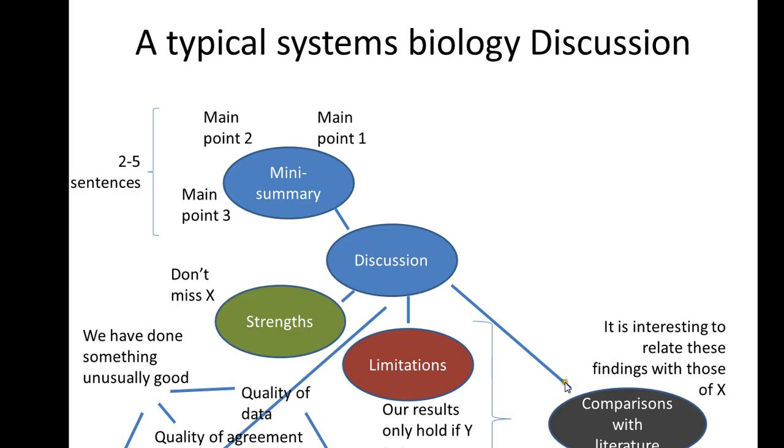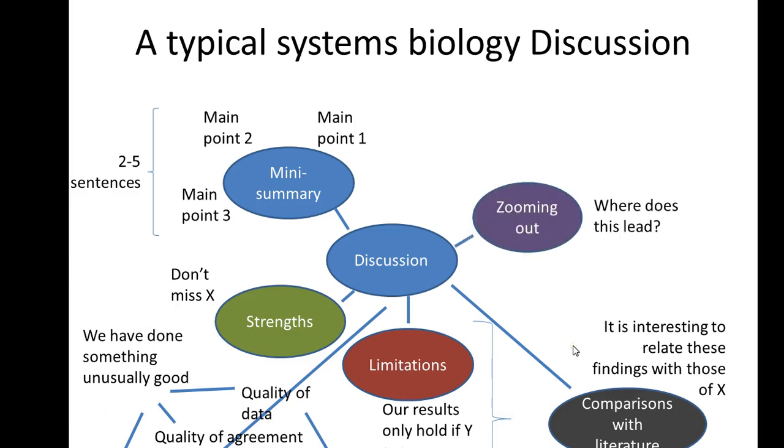But then, when you have said all of these things, you start to zoom out. And then you start to talk about where does this lead in the future, and what are the impacts of this for society, and ethical considerations, and this might help solve important things.